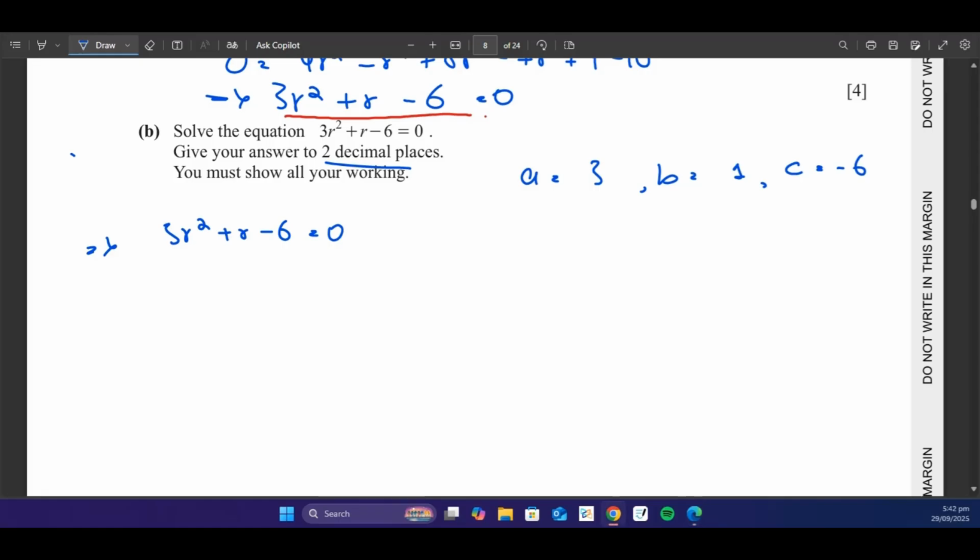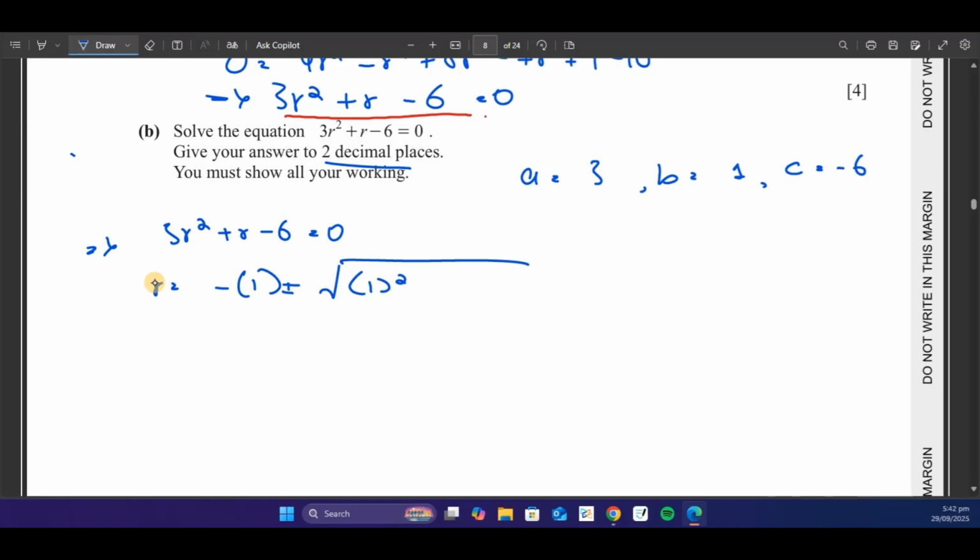That should give us r is equal to negative b plus minus the root of b squared minus 4ac, so that would be 3 and negative 6, over 2 times 3.